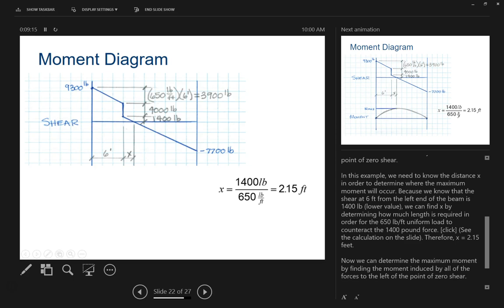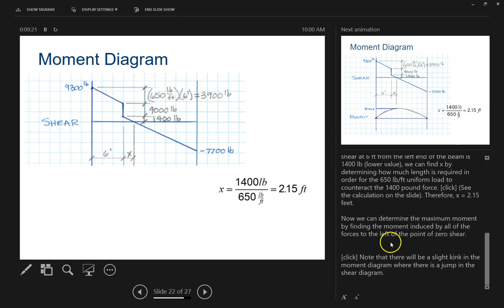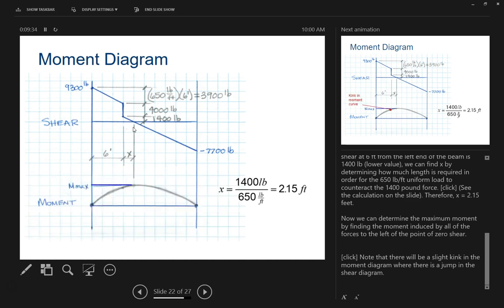All right? So now we can determine the maximum moment by finding the moment induced by all of the forces to the left of the point of zero shear. So that point of zero shear is where they cross over, right? Like I have drawn up there. So what happens is that there's this slight kink in the line from here to here because it's kind of like a straight line point right to this thing.